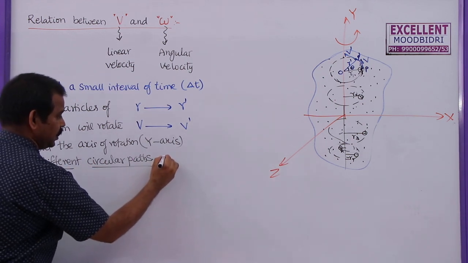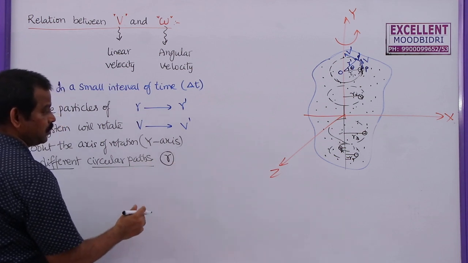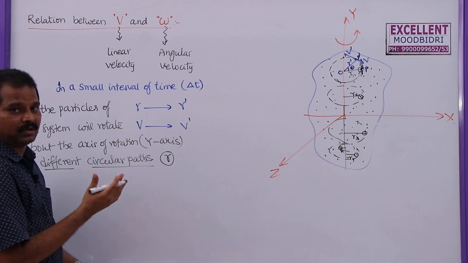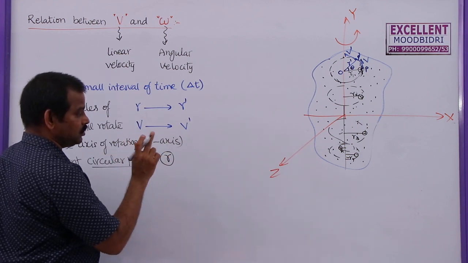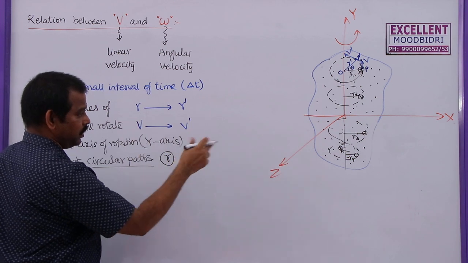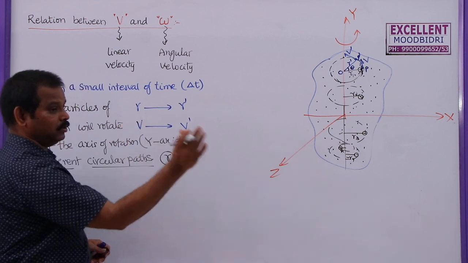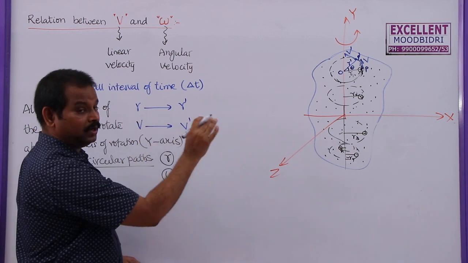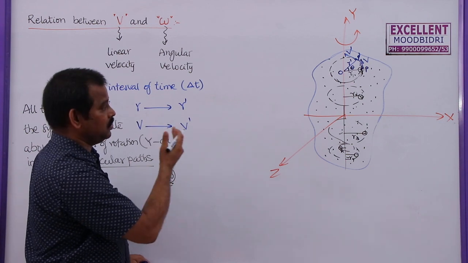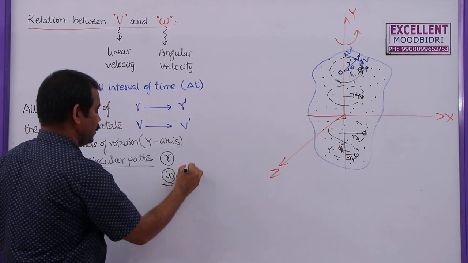What is the difference here? The radius is different, and when the radius is different, the velocity is not constant, velocity may be different. Why? Because the linear velocity not only depends upon this radius, it also depends upon the angular velocity. As the total body is revolving with the angular velocity omega, each and every particle will revolve in the same sense, in the same direction with the same angular velocity.